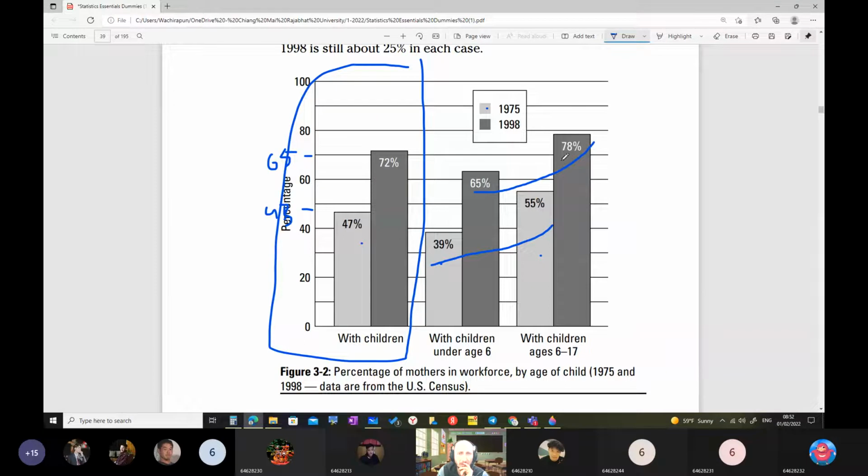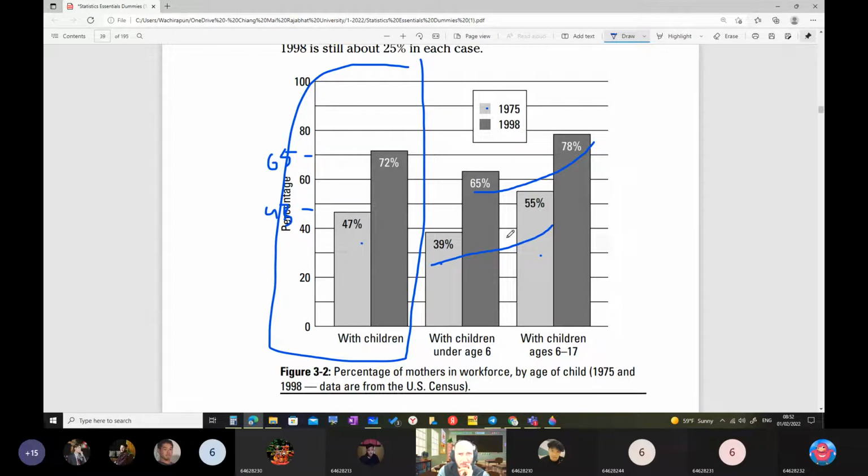When children get older, 78% of mothers will work, right? So it's an increase from 65 to 78. Also, we can look at the increase from 39 to 55.